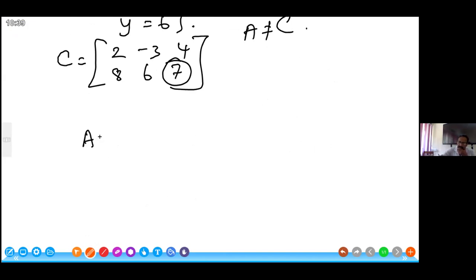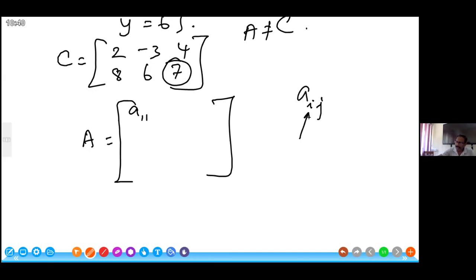Right. Let's look at how we demarcate the elements of a matrix. The first element is given as A11. Aij: the first index indicates the position on the row, and the second indicates the position in the column. So 1, 1 means first row, first column. 1, 2 means first row, second column. 1, 3 means first row, third column.